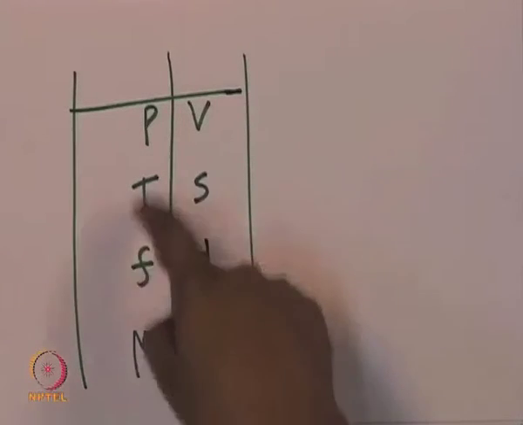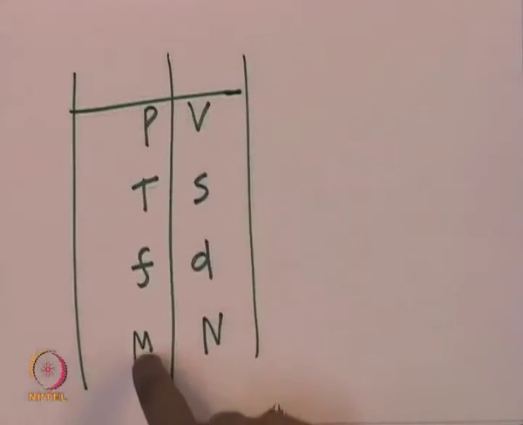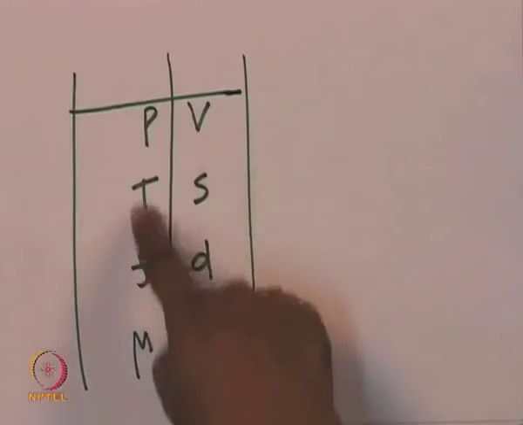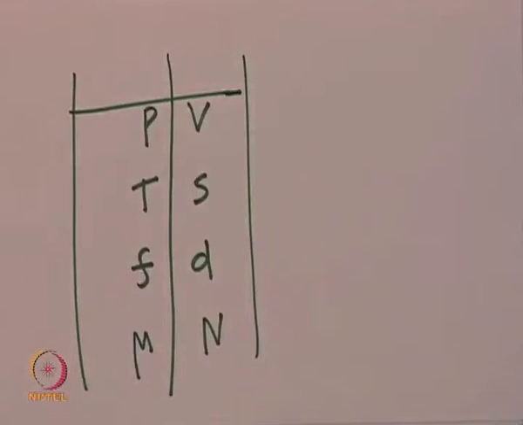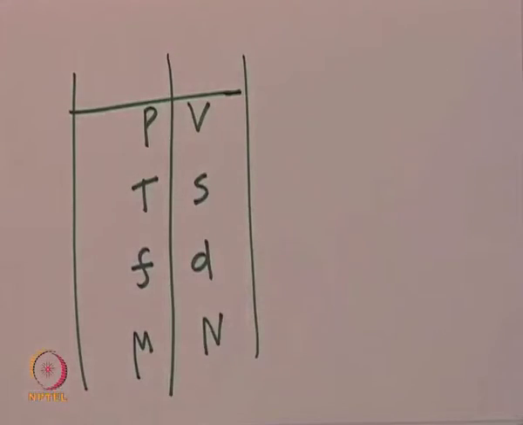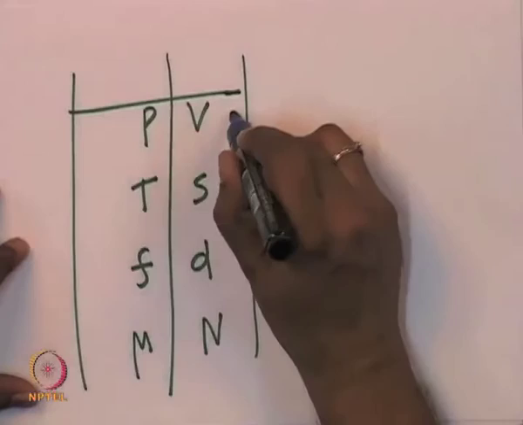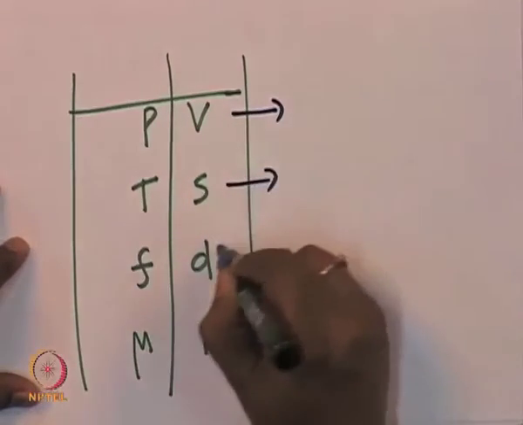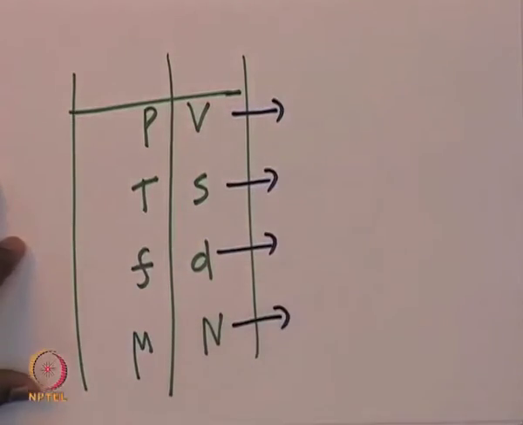You can call one set generalized forces, and the other is some kind of conjugate variable to it. It is enough to remember that there are many pairs in thermodynamics: pair 1, pair 2, pair 3, pair 4.